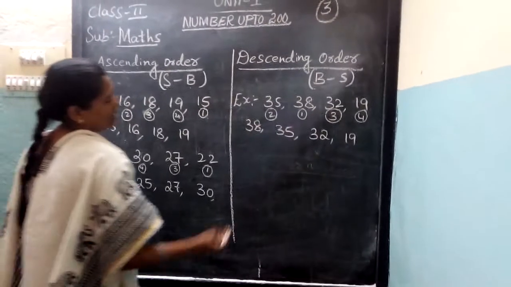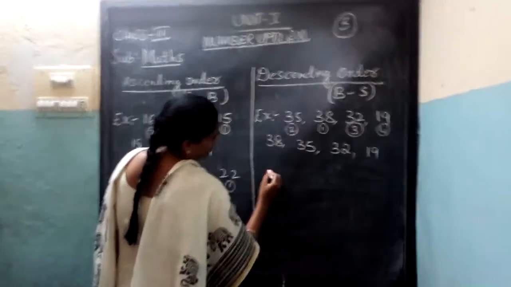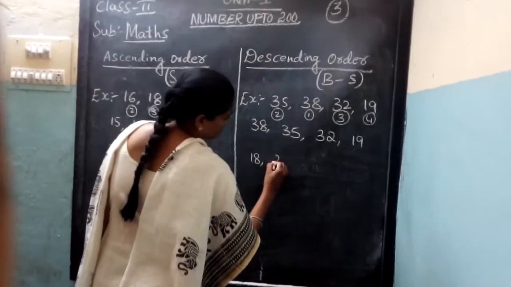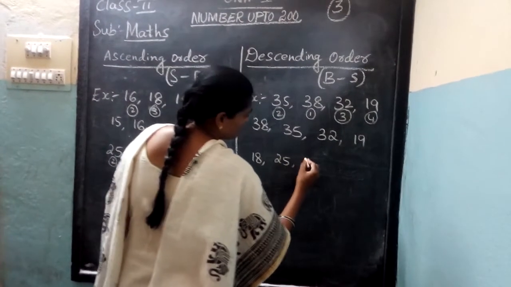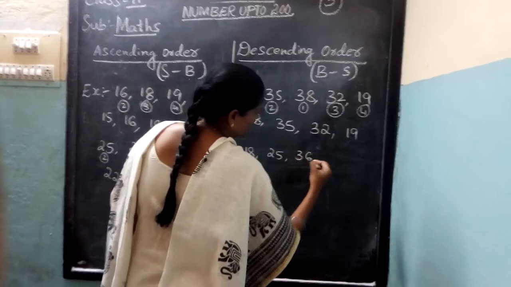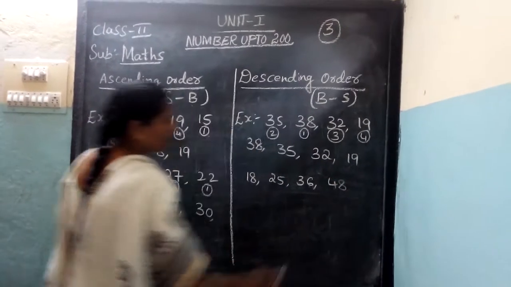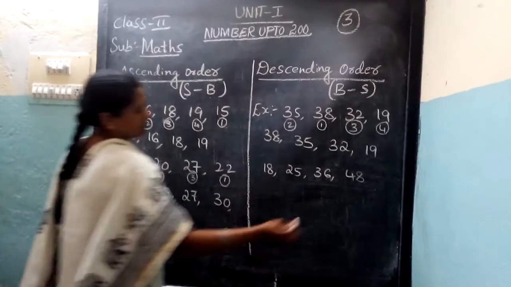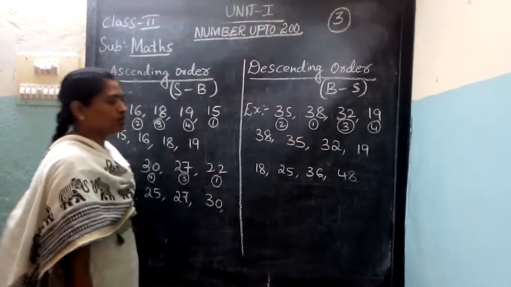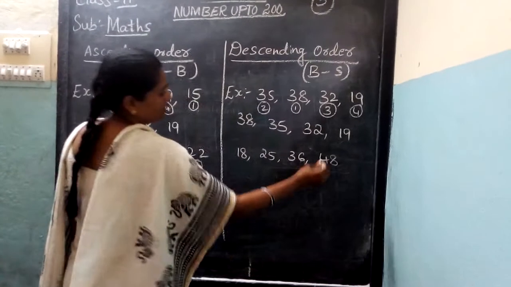One more example: 18, 25, 36 and 48. In these four numbers, which is the big number first? Look at the board, children, and tell which is the big number first.